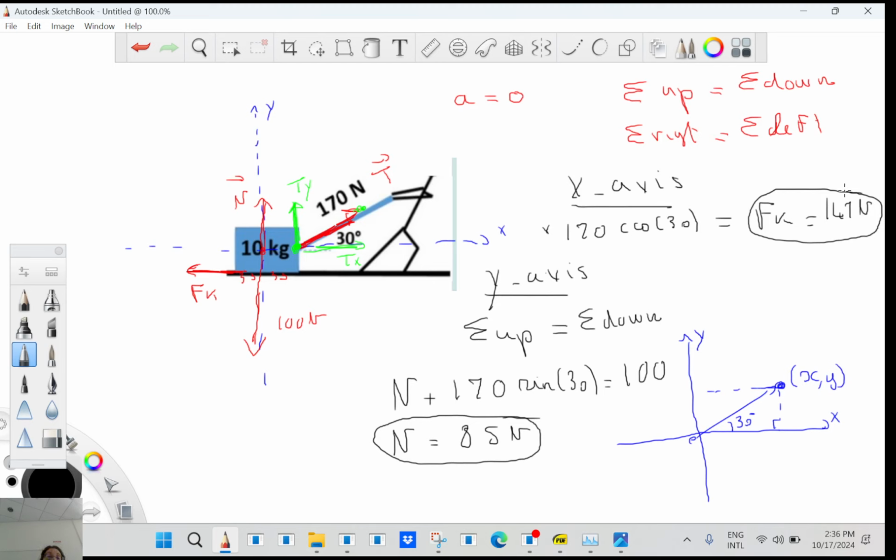So now can you find the coefficient of kinetic friction using the equation? Don't stare, do it. The equation is kinetic friction equals coefficient times the normal force, right? In magnitude, I insist.